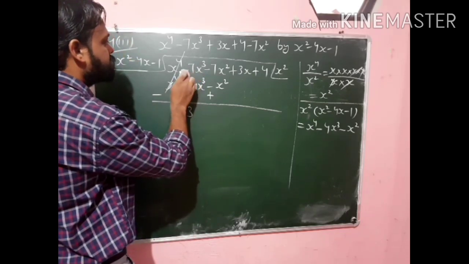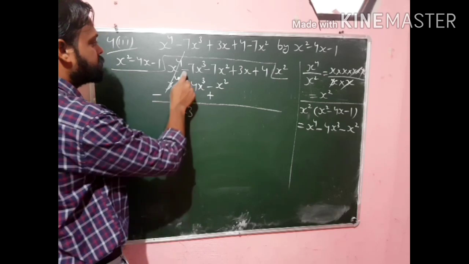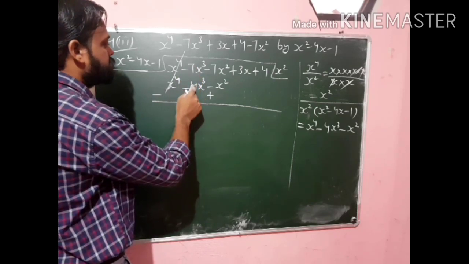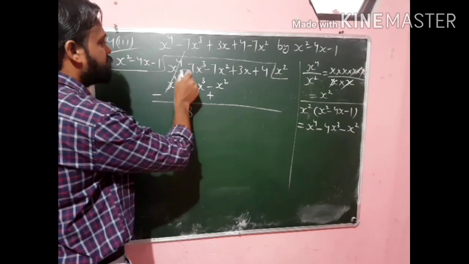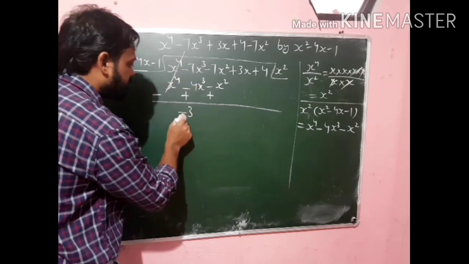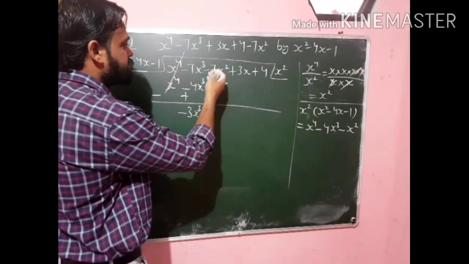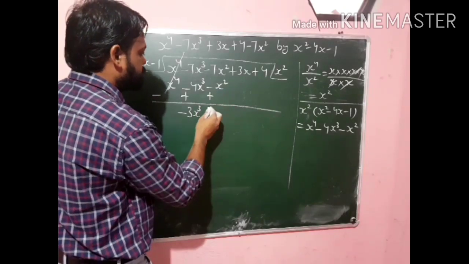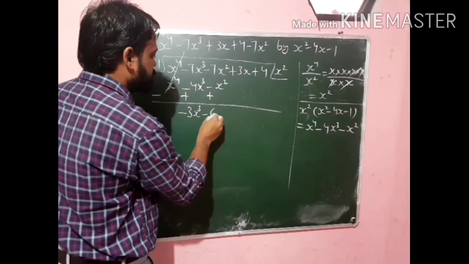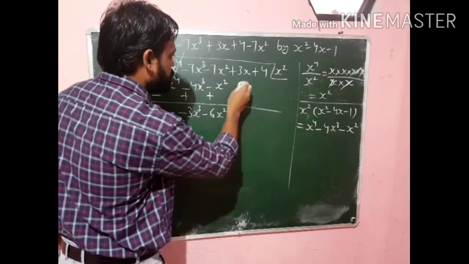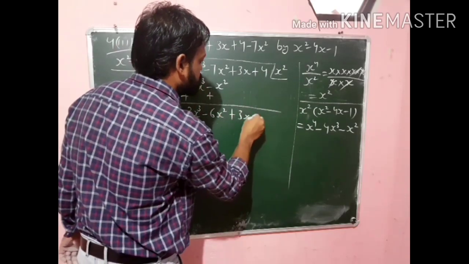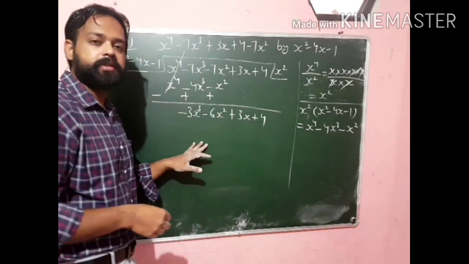Because the highest term has a negative sign. 7 is higher than 4, so that is why it has a negative sign, so you have to write down minus here, and of course x cube as it is. Of course in this case plus minus is minus, 7 minus 1 is 6, so write down 6x square, and this plus 3x plus 4. So I hope this is clear to you.